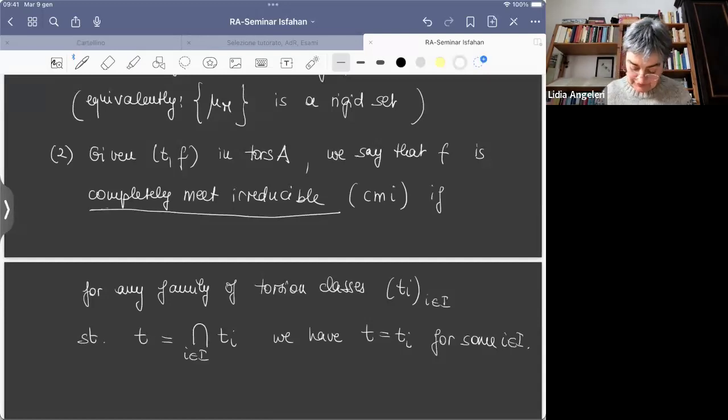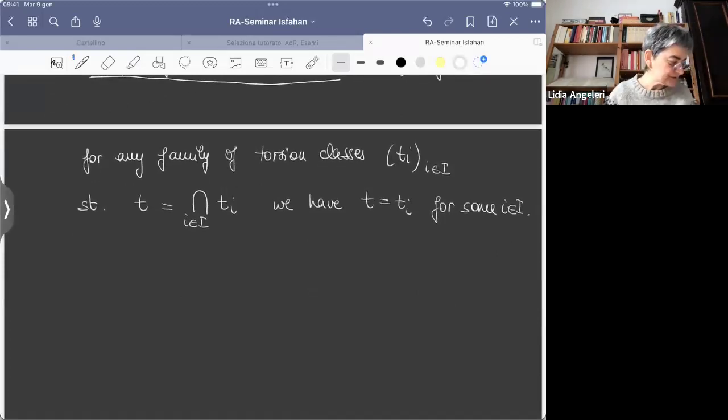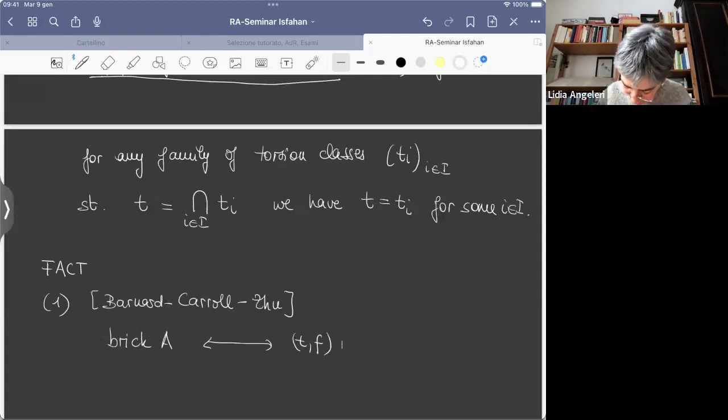Okay, and why are we interested in the completely meet irreducible torsion pairs? Because we have the following fact, which is proved by Barnard, Carroll, and Zhu, that says that there is a bijection between the collection of all bricks and the torsion pairs in tors A with T being completely meet irreducible.